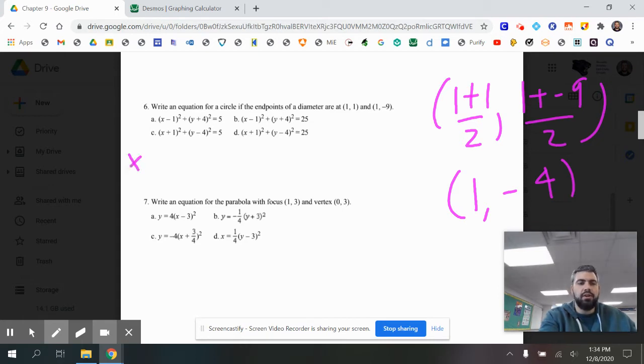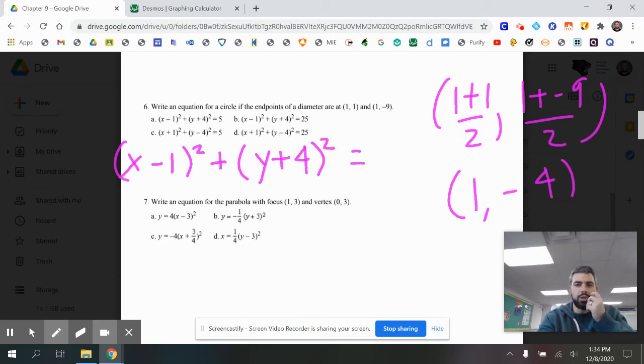So that means I know for sure it's going to be x minus 1 squared plus y plus 4 squared is equal to some r squared. Okay, well, if I know that 1, 1 is one of my endpoints, and I know that 1, negative 4 is my center, how many units is it from 1, 1 to 1, negative 4?